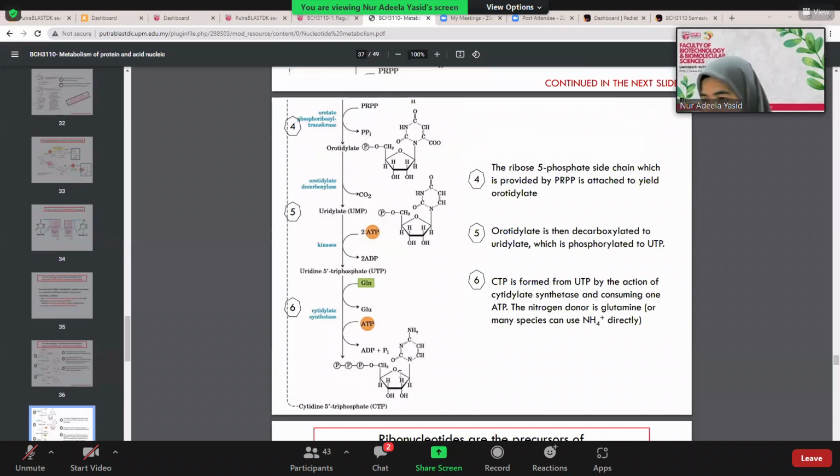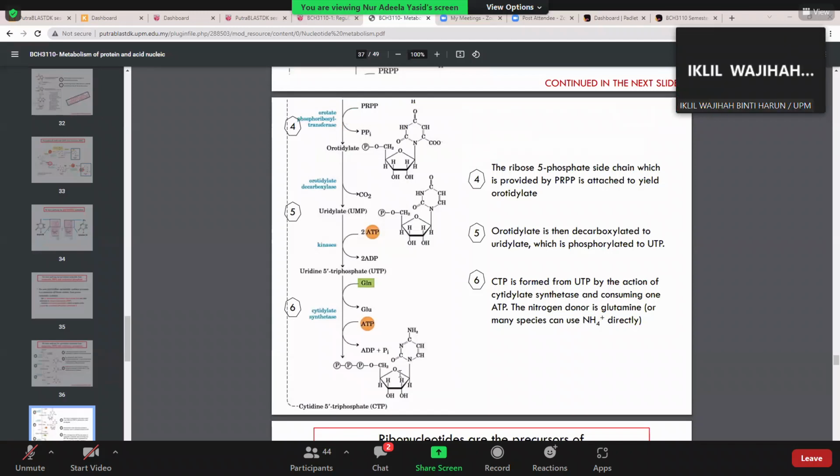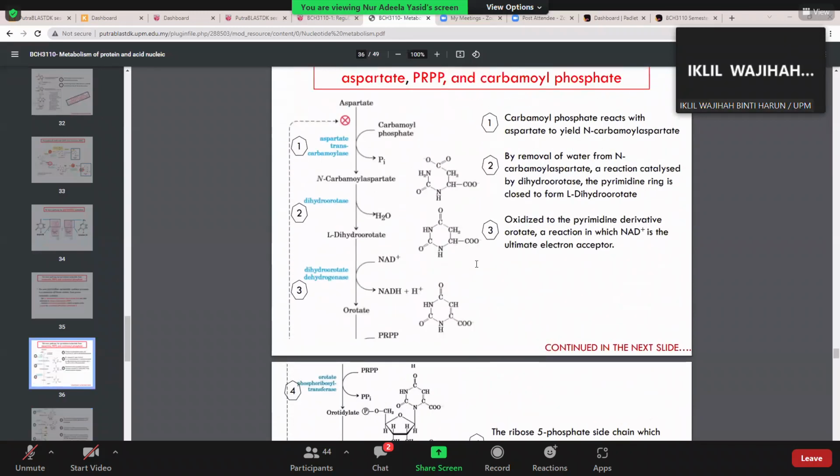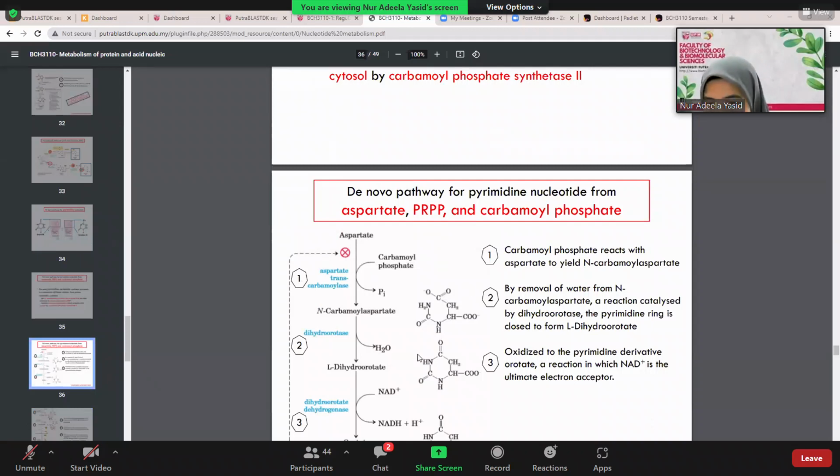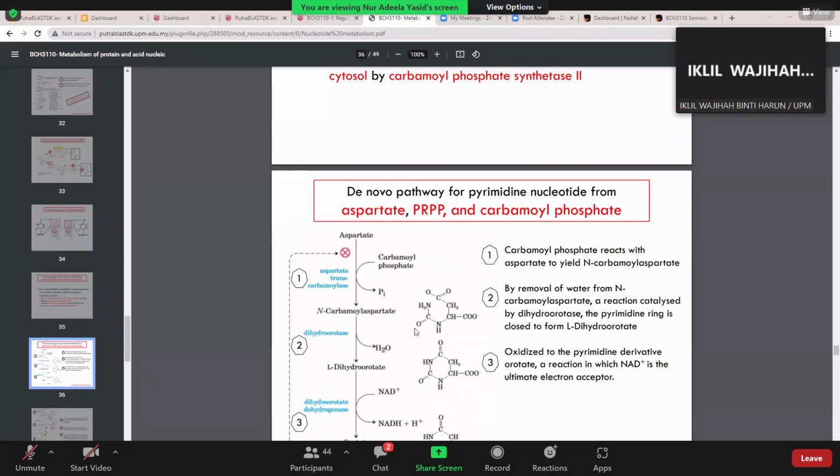The beauty of biochemistry, the beauty of pathways, is we have all this structure. We can understand what happened in the reaction through the structure. Contoh dekat sini, you tengok, okay? So what happened?